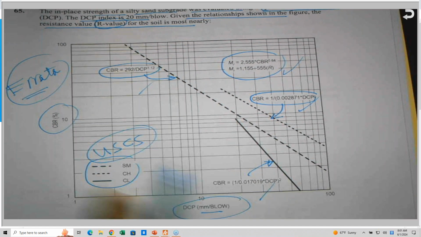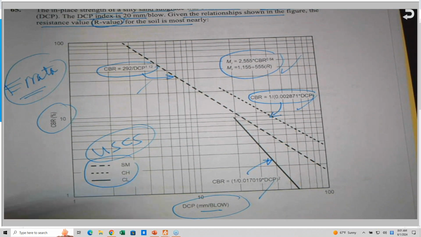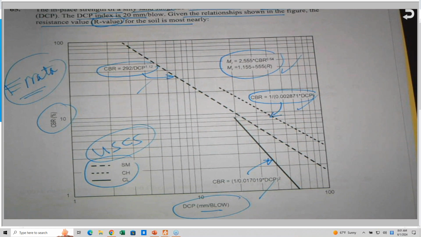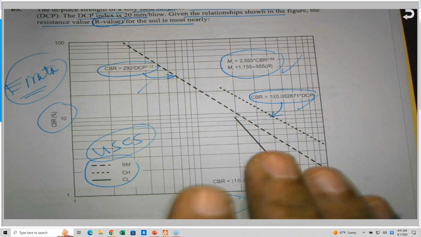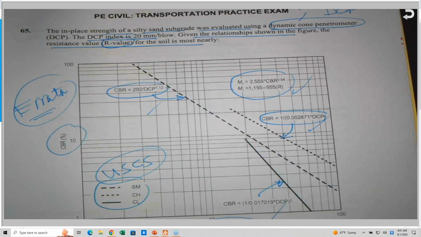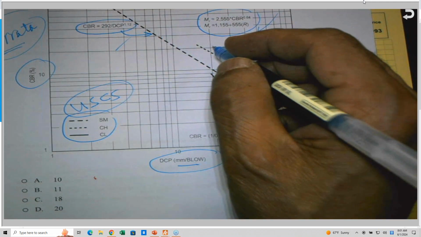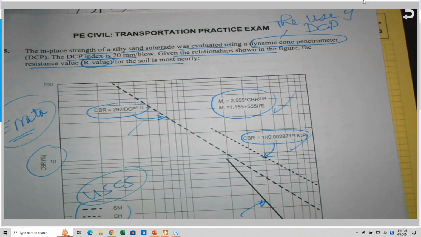The number of equations or relationships given here, were they sufficient to solve the problem or not? If this is their intent, which I believe it is, because why would they provide me the equation? I believe they should provide you with enough equations in order to solve this problem.